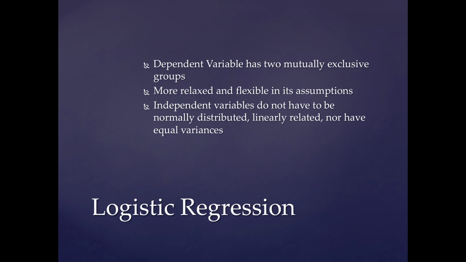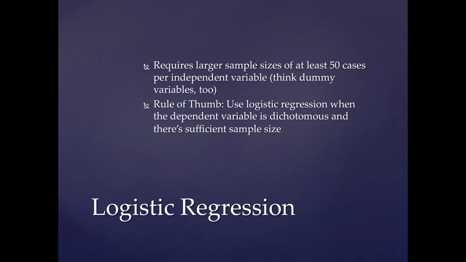It's much more relaxed and flexible in its assumptions because it deals with maximum likelihood estimation and not the least squares approach as we run into with multiple regression. And the independent variables do not have to be normally distributed, linearly related, nor have equal variances. So logistic regression is very flexible in its underlying assumptions.